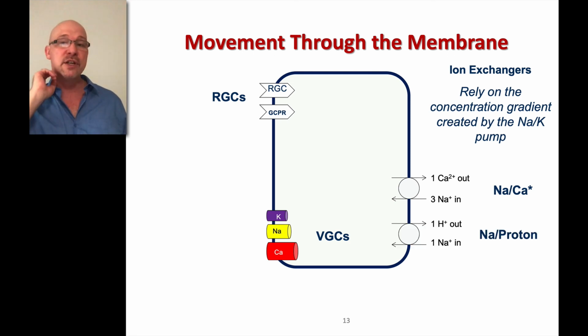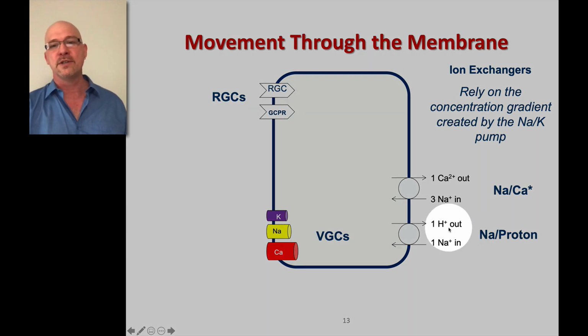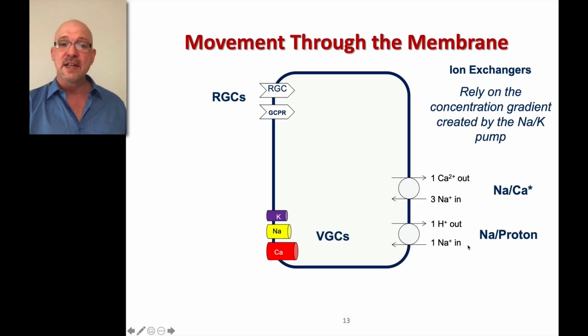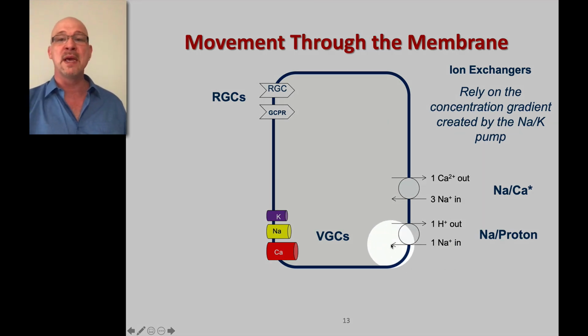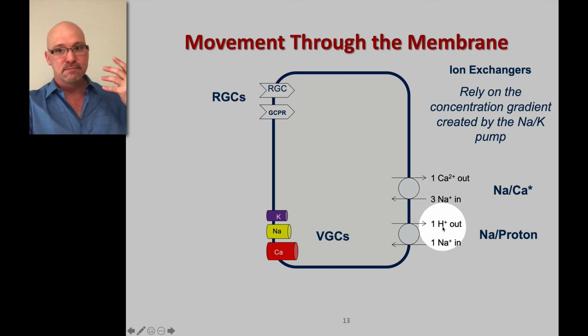The next exchanger is the sodium proton or sodium hydrogen exchanger. When we just have one charged hydrogen, that's just a proton. So we take advantage of that sodium gradient, push some sodium in, exchange it with a hydrogen that goes out, and that's how we keep the inside of the cell from becoming acidotic, because hydrogen is acid, basically, in simple terms.